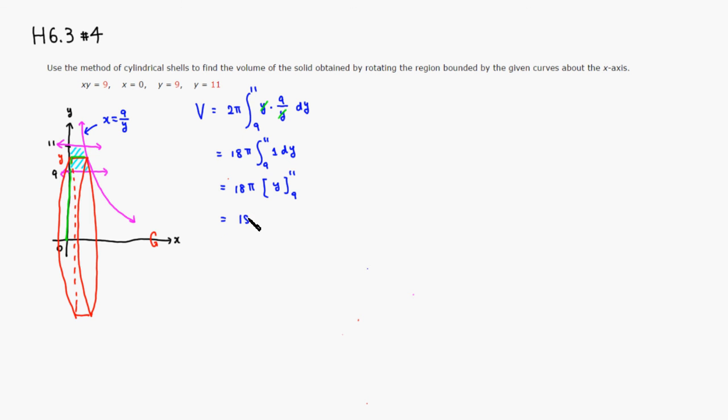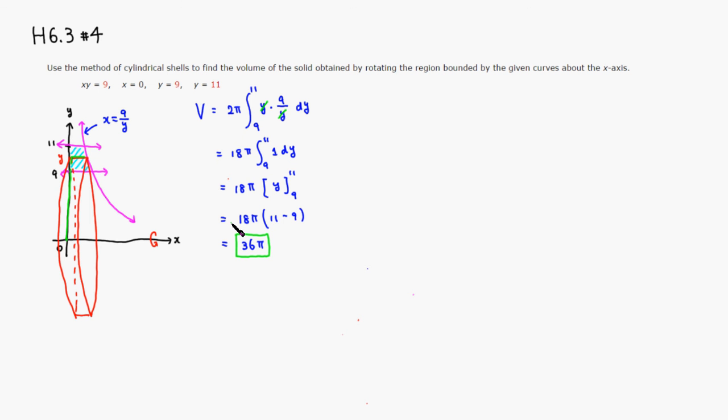The antiderivative of 1 is y, so this is 18 pi times plug in 11 minus plug in 9. That's 2 times 18 pi, so it's 36 pi. That is the volume of the solid of revolution.